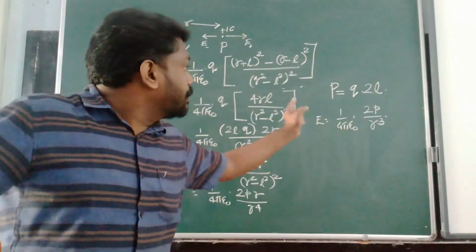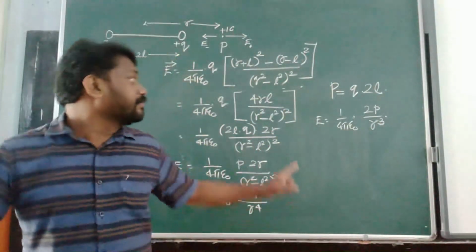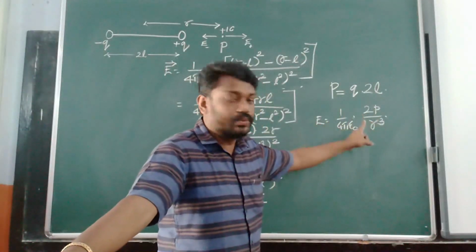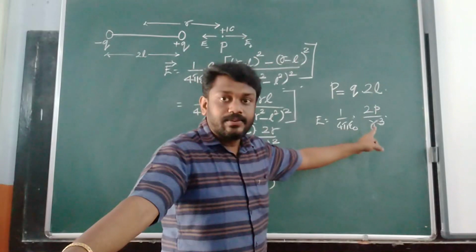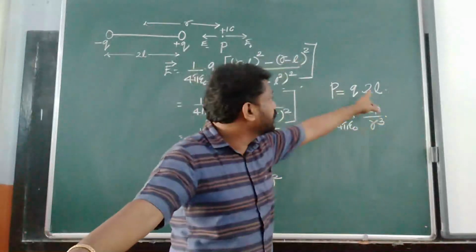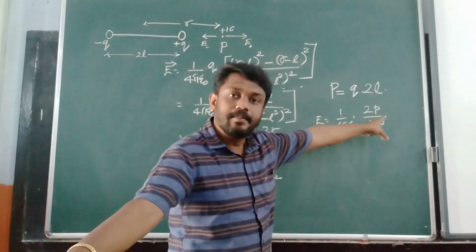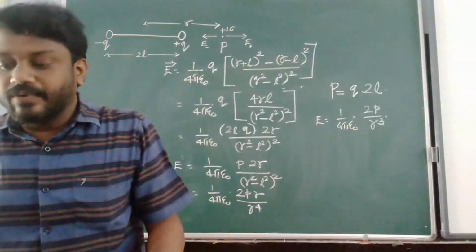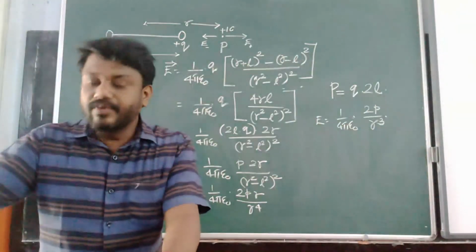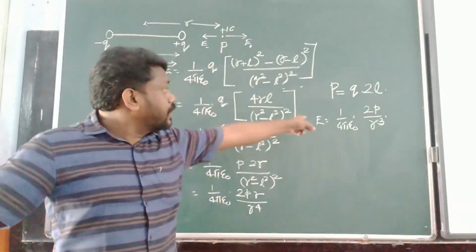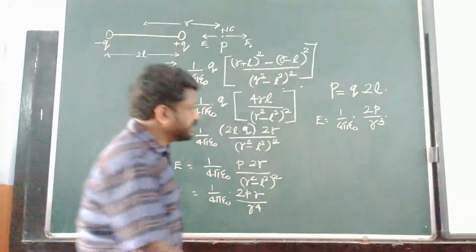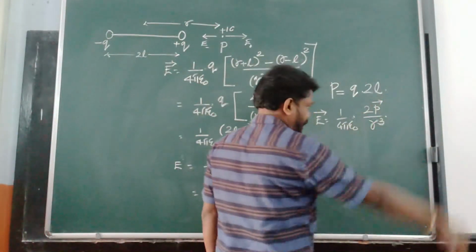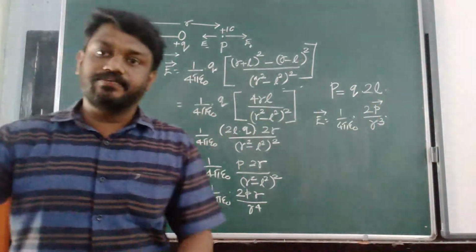And that is the magnitude of the net electric field acting at the point P due to that electric dipole of charge Q and length 2L whose dipole moment is P. And remember, this P is also a vector quantity. And when you are going to the vector notations, you can see that this E is acting along the direction of P.